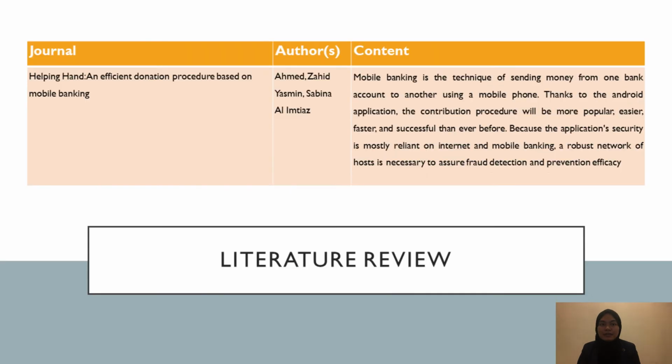The first one is the Helping Hand and Efficient Donation Procedure based on mobile banking. From this paper, I learned that mobile banking is now more popular than ever, especially using Androids. It is because online banking is mostly reliant on the internet and the host of the network.